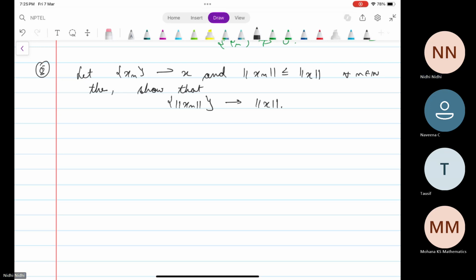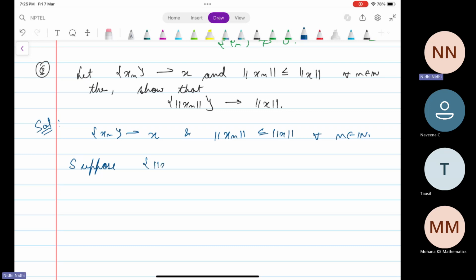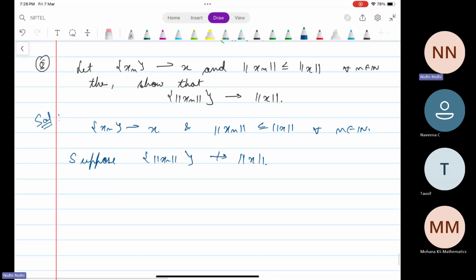Solution. So we have xn converges weakly to x, and norm xn is less than or equal to norm x for every n in N. Suppose norm xn does not converge to norm x. Now, since this is a bounded sequence in R, obviously it has a convergent subsequence. Moreover, we are saying that it is not converging to norm x.